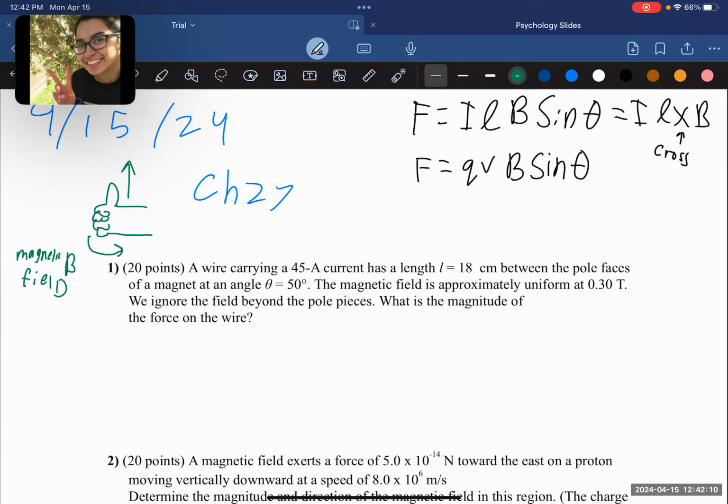The direction that your knuckles are going in is the V, or particle velocity. And then the way that your thumb is going is the current direction, which would be I.